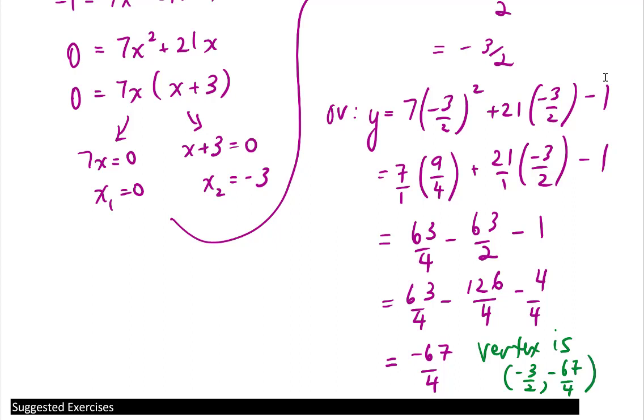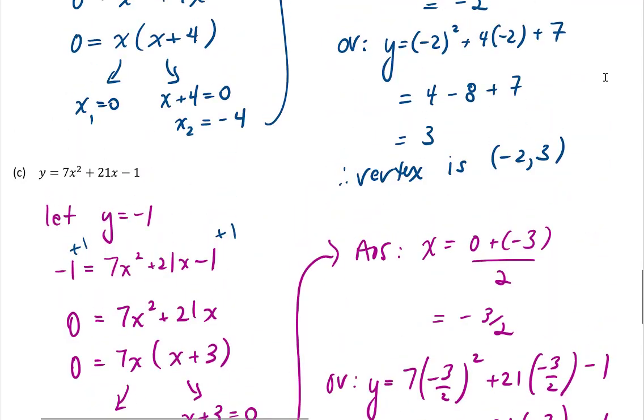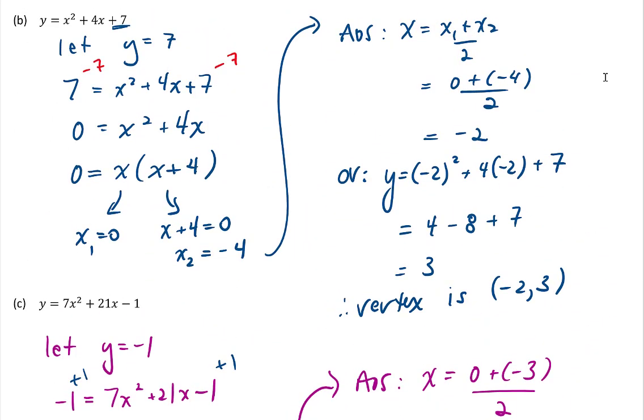Before we finish, let's take a look at what these parabolas would look like. So let's go back to our first one here. So first point we have is our 0 and 7, so that would be here.